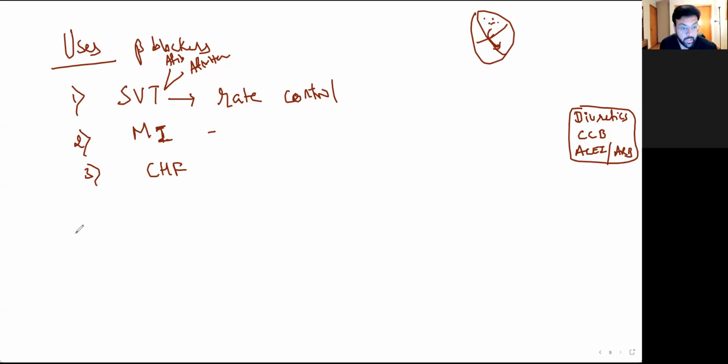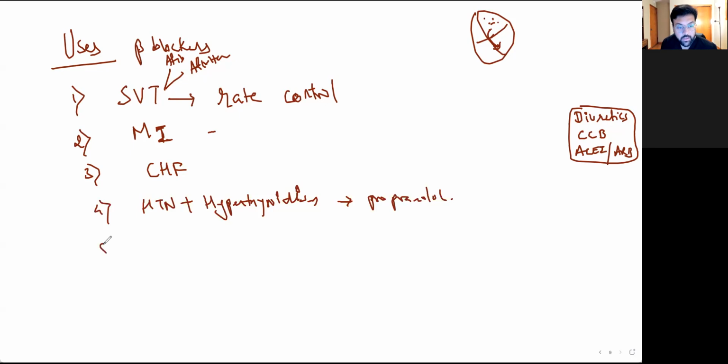You can choose beta blockers like propranolol if the patient has hypertension plus hyperthyroidism. And USMLE might want you to know this about propranolol: essential tremors. Beta blockers will help, especially propranolol, in essential tremors.